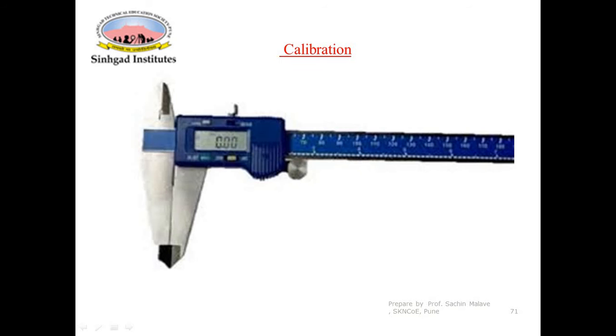If there is any reading apart from 0.000, there is some amount of error, and that error is called zero error. This error can be positive, and it can be negative also. So this has to be checked.